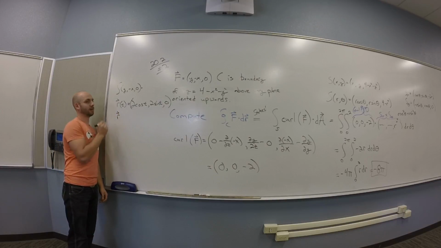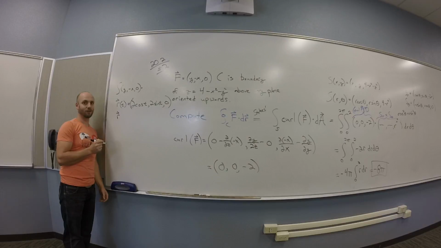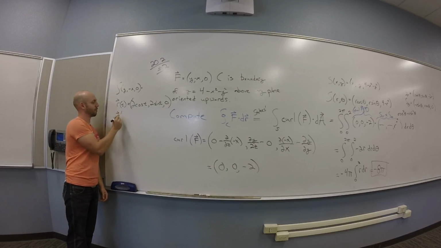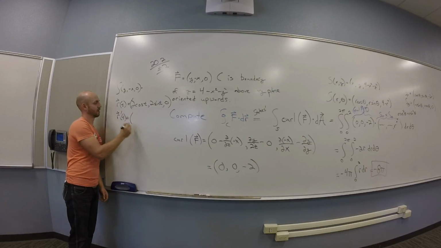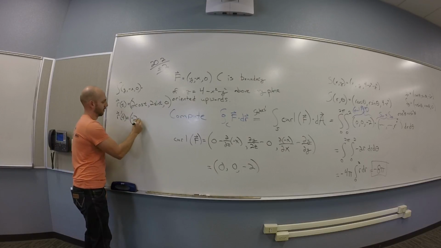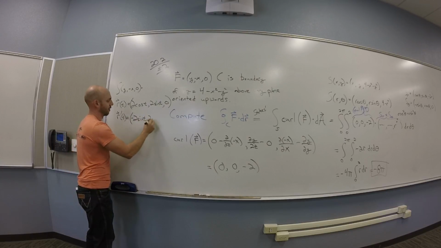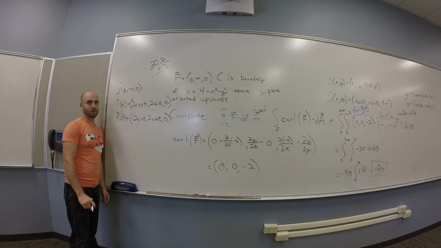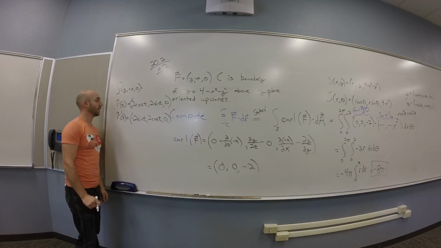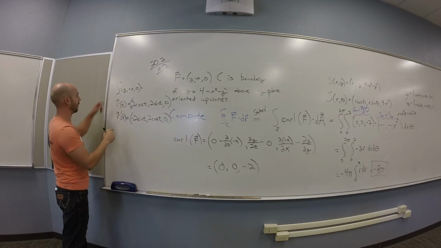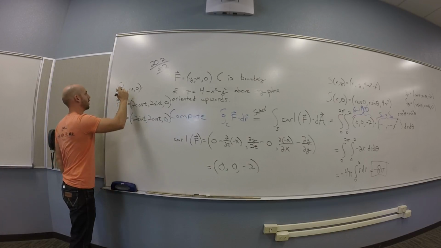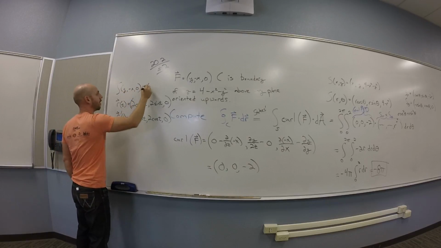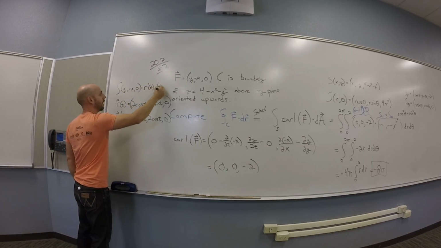So what else do you need here to calculate a line integral? You need r prime. Yep. So what's r prime here? Negative 2 sine t, 2 cosine t, 0. Cool. Okay, so F of r of t dotted with r prime of t dt, right?